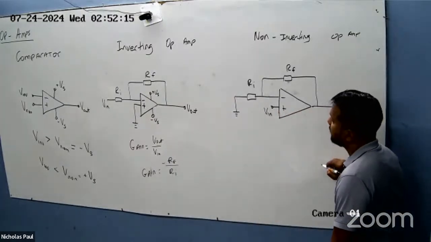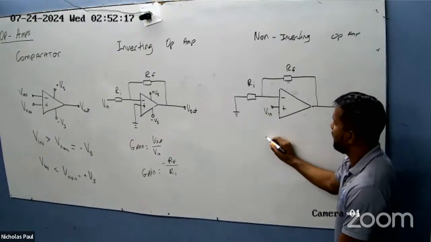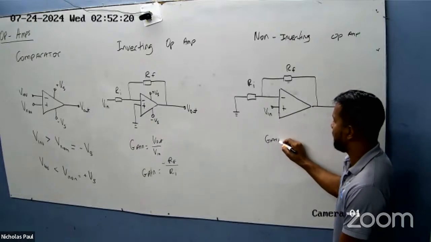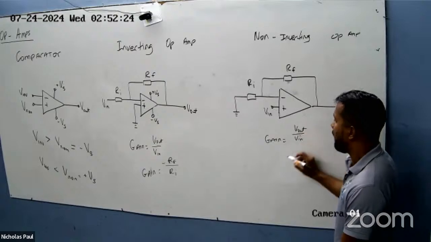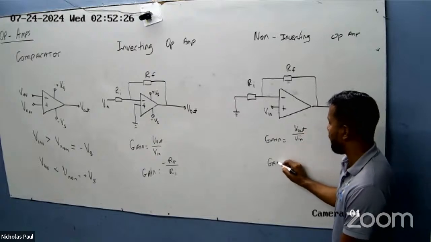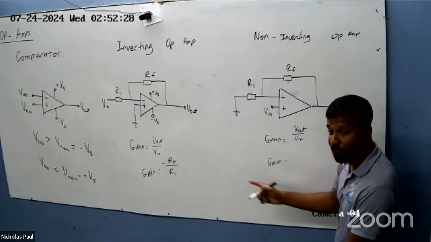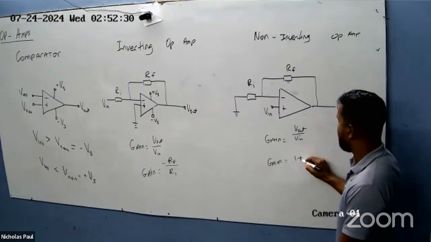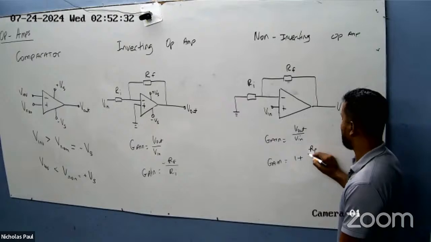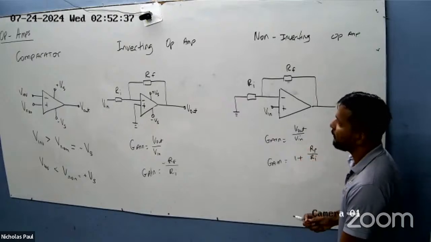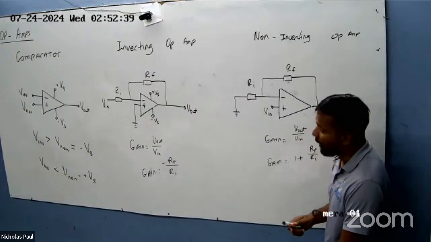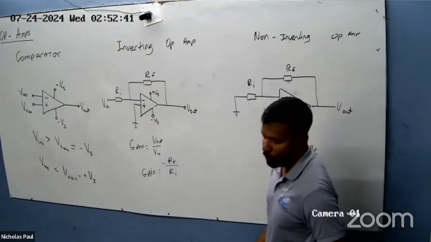Here, same formula, gain is still V out over V in. But to find gain for a non-inverting op-amp, we have to prove these formulas. It's 1 plus RF over RI. So these are the three different types of op-amp. We're going to go in depth into each one now.